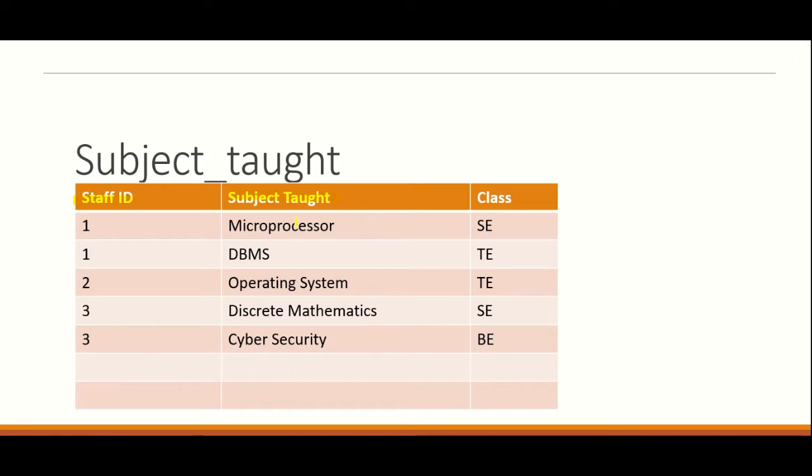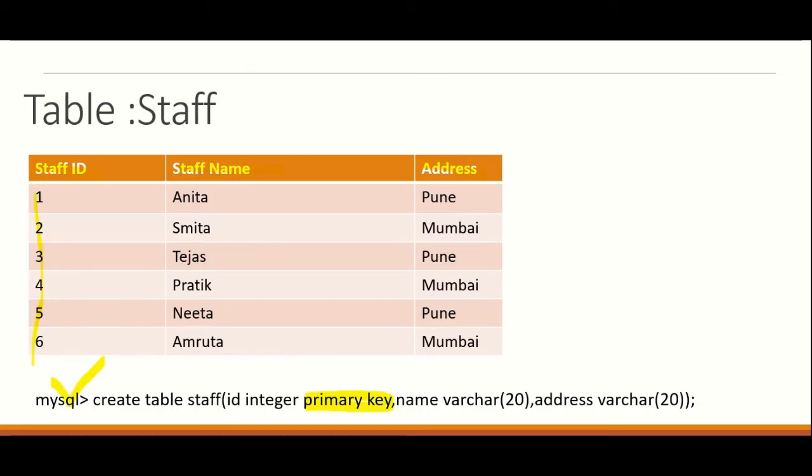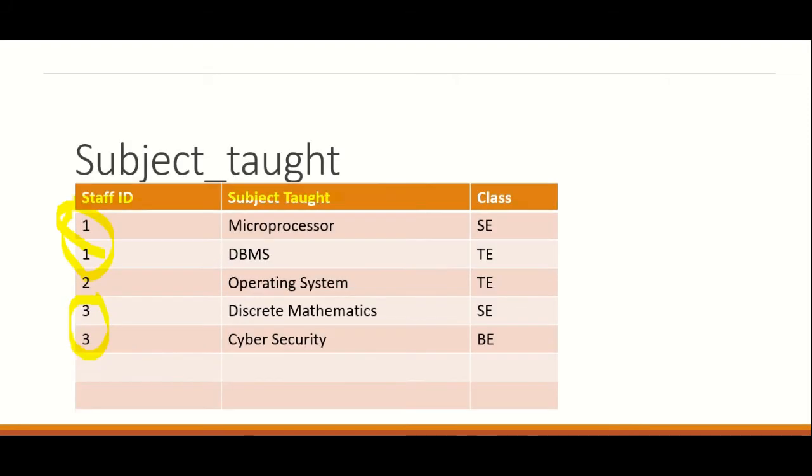If you note here, the staff ID value is getting repeated: 1, 2, also 3 is getting repeated. So obviously this is not a primary key here, but we can add staff IDs which exist in the staff table only.